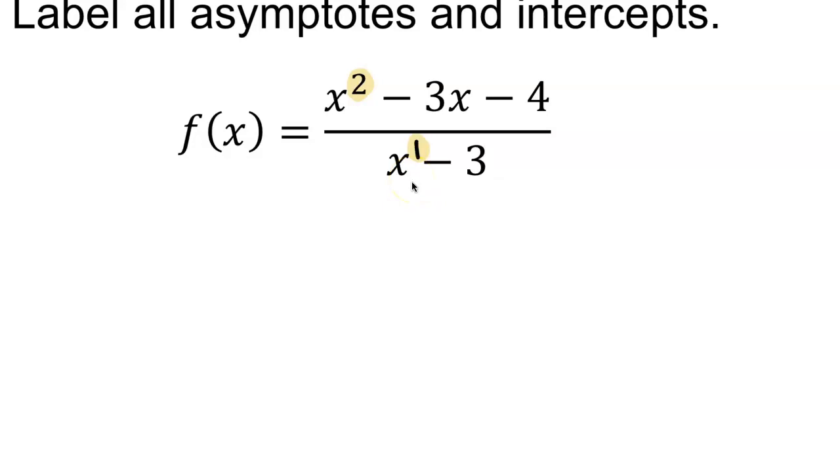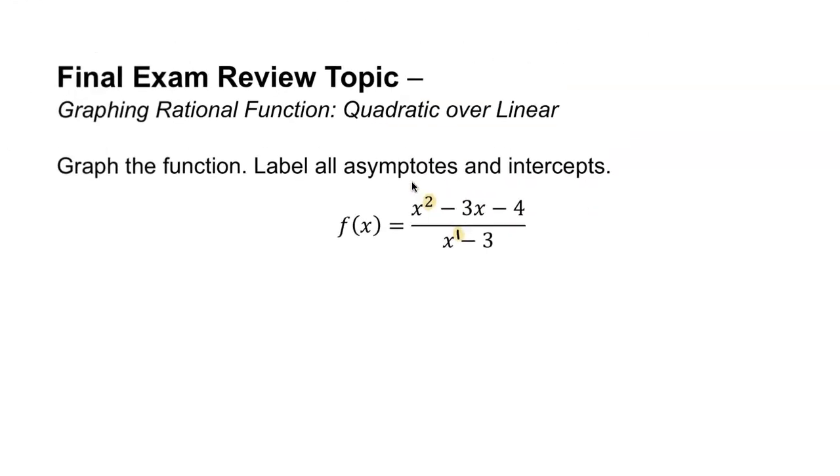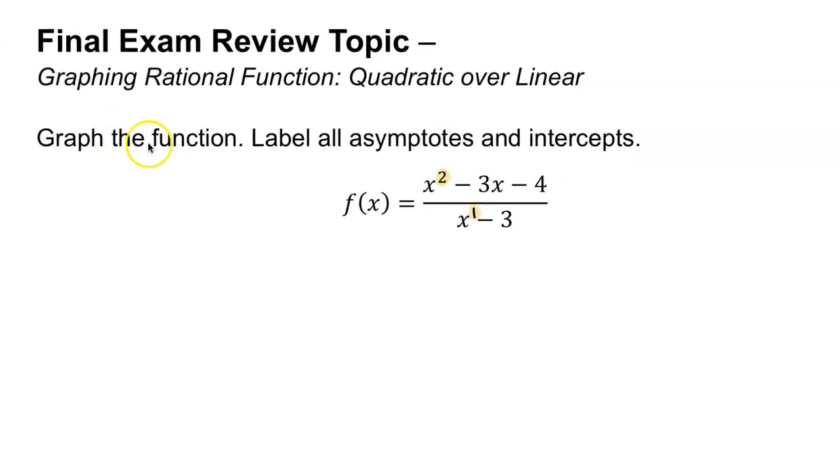So, let's go find all the asymptotes first, because the direction says graph the function, label all asymptotes and intercepts. So let's see if there's any vertical asymptotes first, okay? If you want to find vertical asymptotes, I know we can always just look at the denominator, but we have to be careful.